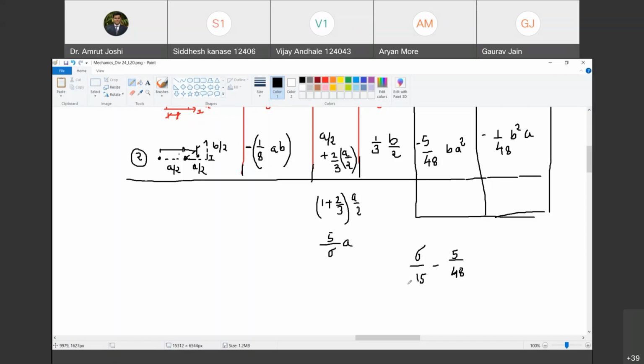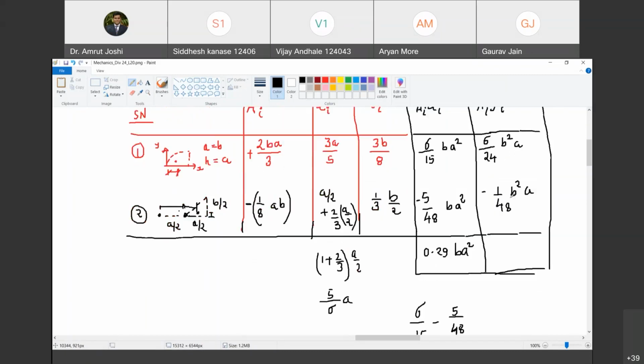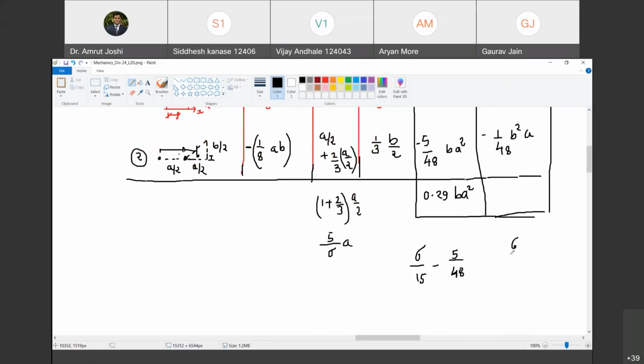Yes, sir. Okay. So 6 by 15 minus 5 by 48. Tell me how much is that? 0.29. 0.29 BA square. And what about this? 6 by 24 minus 1 by 48.